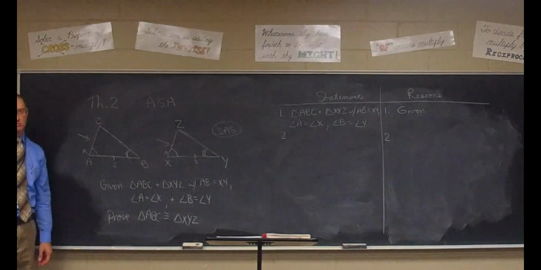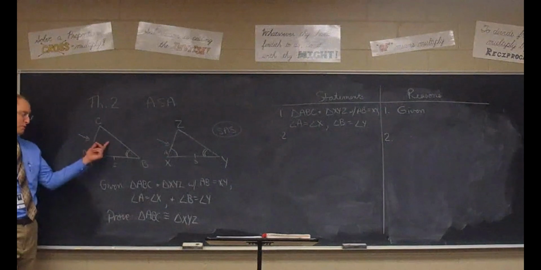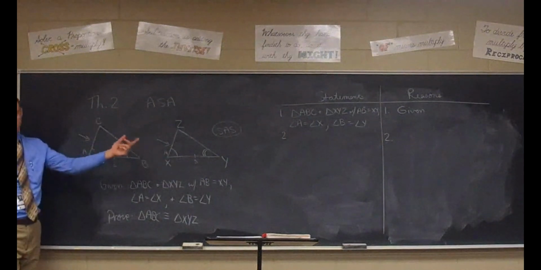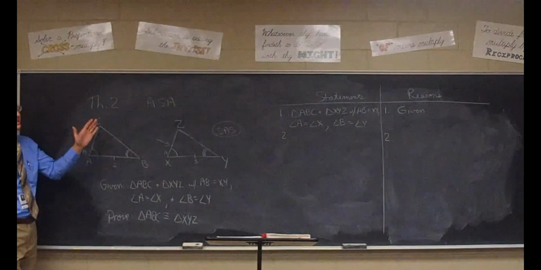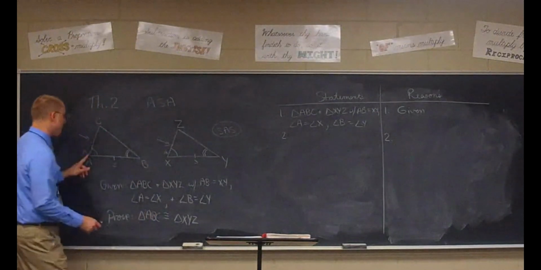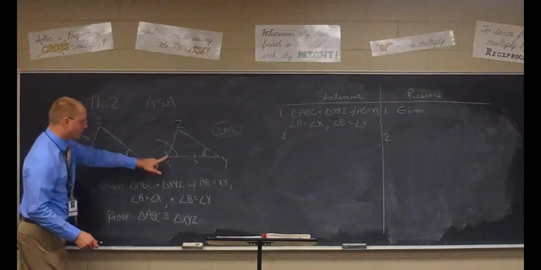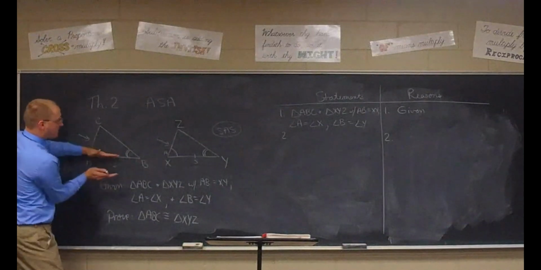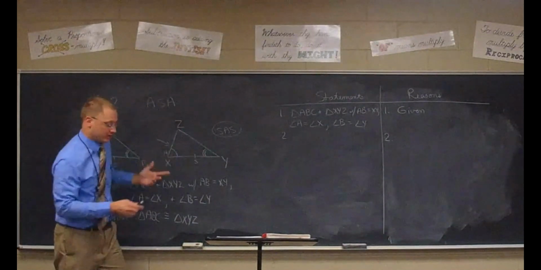Guess what we're going to have to do? Move it through space. We're going to have to pick the one up and drop it on the other and make sure the lines intersect. So let's start by, again, putting just one vertex on top of one vertex, and lining up this side along this side.